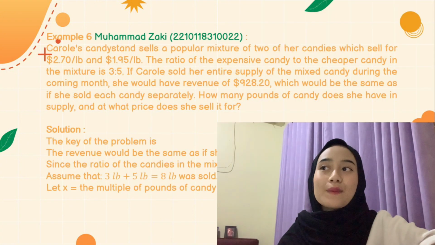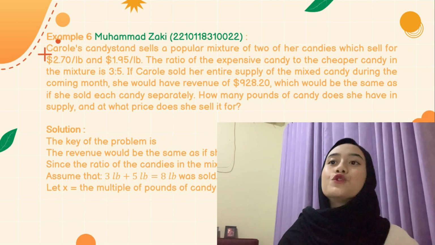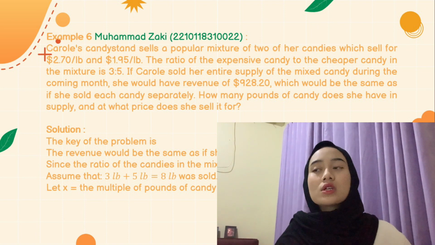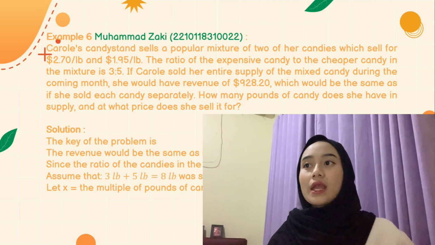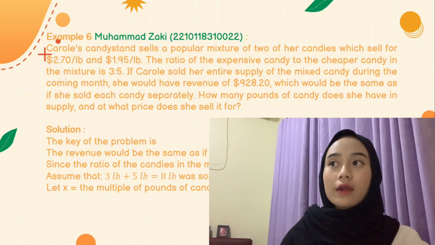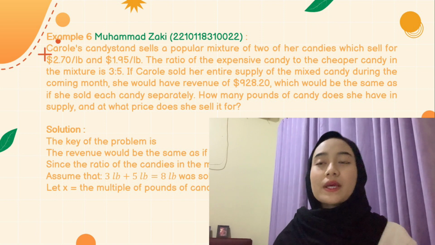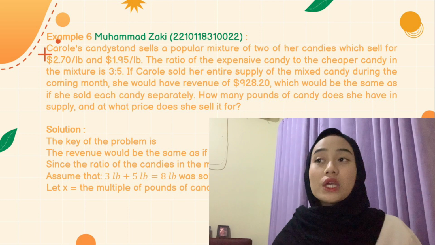So next is example 6. Carol's candy stand sells a popular mixture of two of her candies, which sell for $2.70 per pound and $1.95 per pound. The ratio of the expensive candy to the cheaper candy in the mixture is 3 to 5.